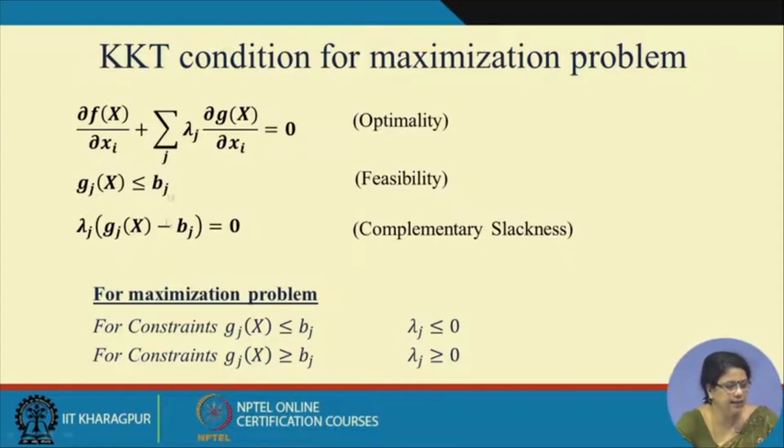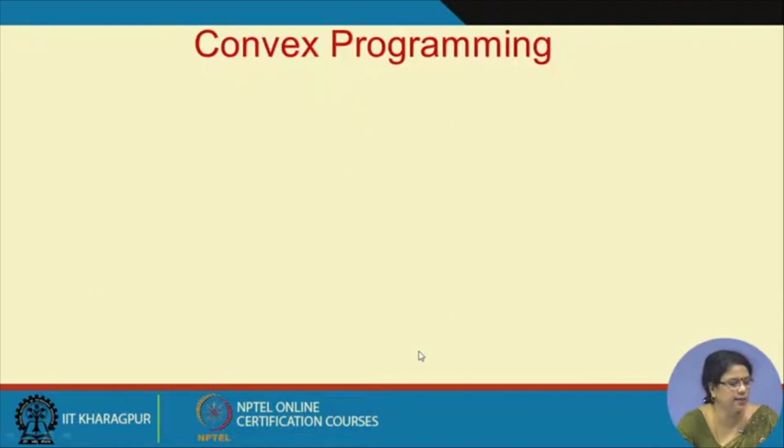If the constraint is of type less than or equal to, then the corresponding multiplier would be less than or equal to 0, non-positive, and if the constraint is of type greater than or equal to, the corresponding multiplier would be non-negative. I have explained why these are so in my previous classes.